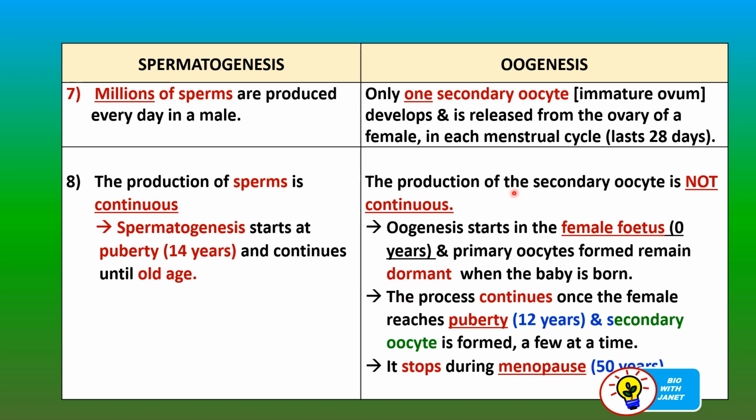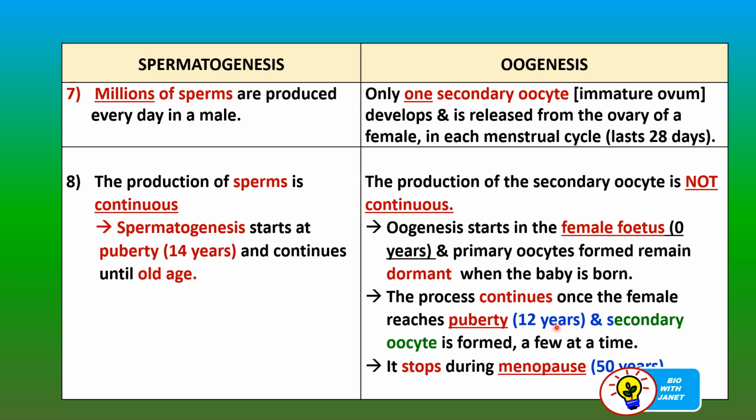But for oogenesis, the production of the secondary oocyte is not continuous. So oogenesis actually starts in the female fetus, and then when primary oocytes are formed, they will remain dormant when the baby is born. That means they are inactive once the baby is born, and until 12 years later when the female reaches puberty.